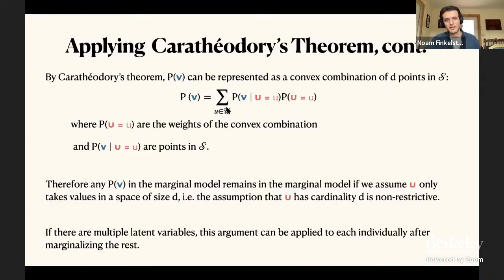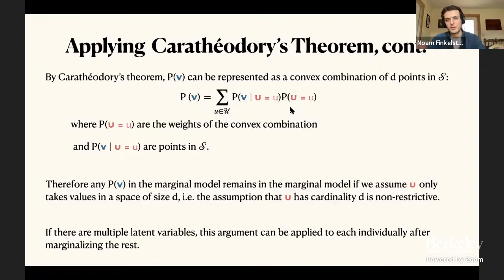In this case, we're going to take the probabilities that U equals little u to be the weights of the convex combination, and the conditional distributions of V to be the points in script S. So what that means is that any marginal distribution, P_V, in the marginal model remains in the marginal model. In other words, we can express it if we assume that U only takes values in a state space of size d.